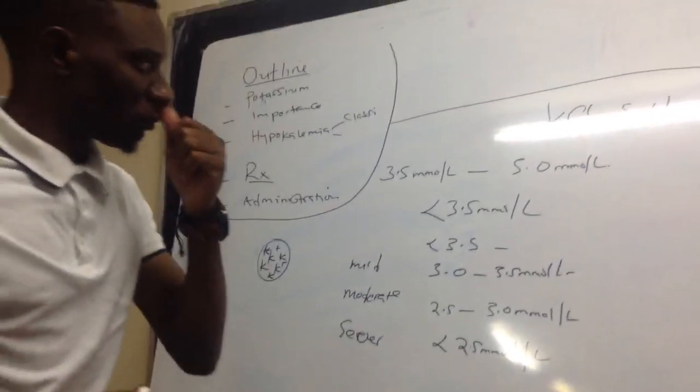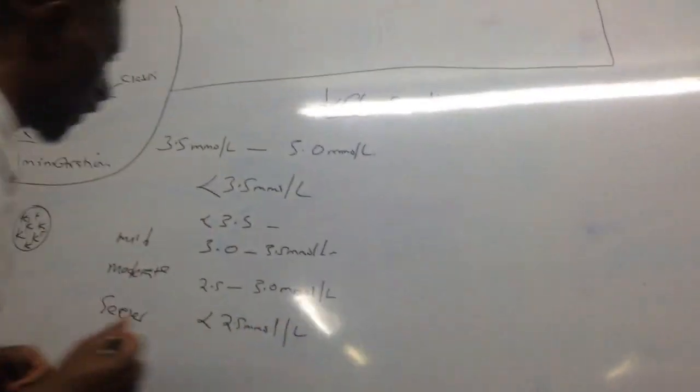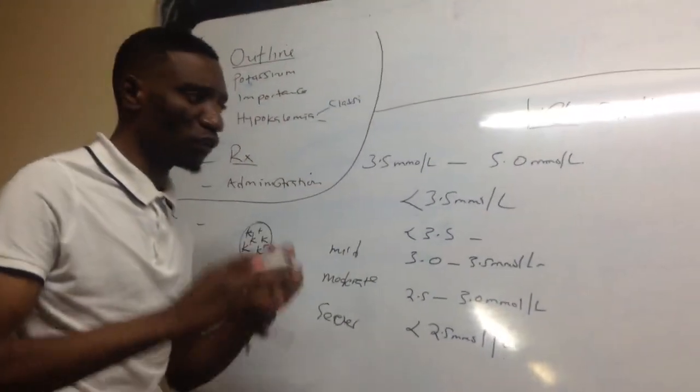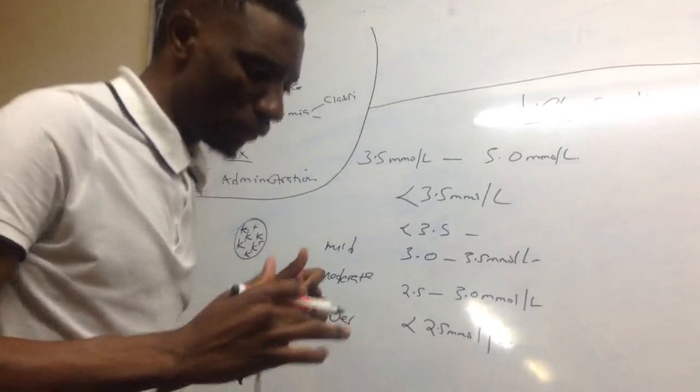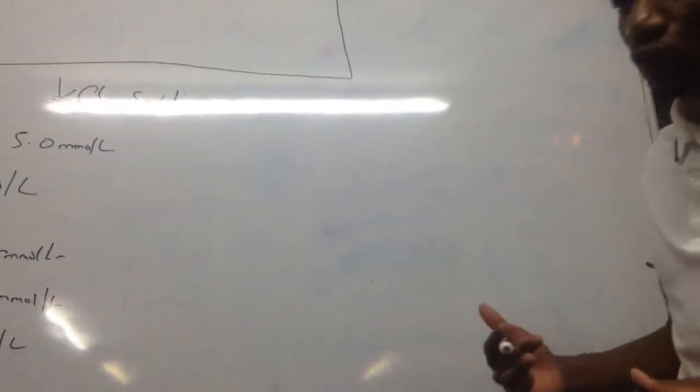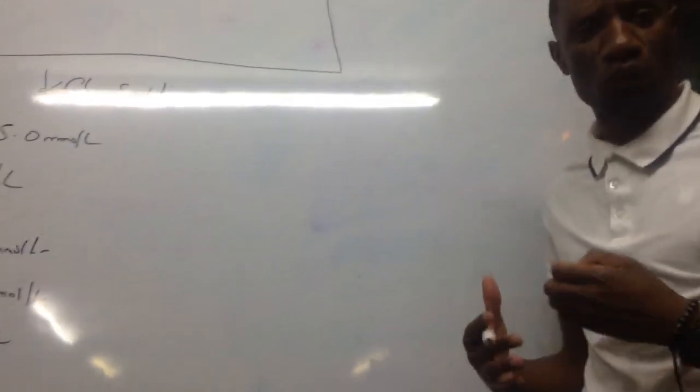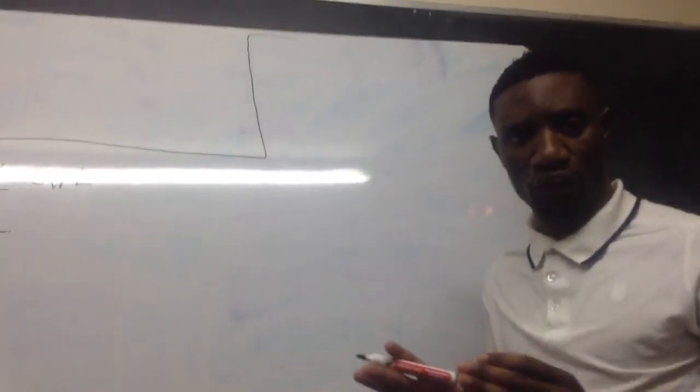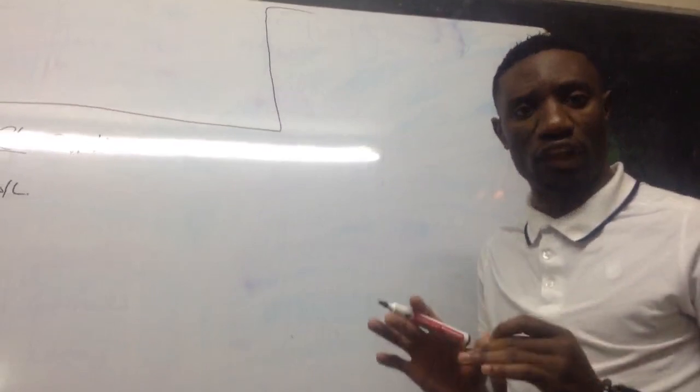So how do you give potassium in a patient? How do you calculate the correction? Let's say a patient comes in with hypokalemia. How do you calculate the deficit? We use a formula to calculate the deficit for the patient.